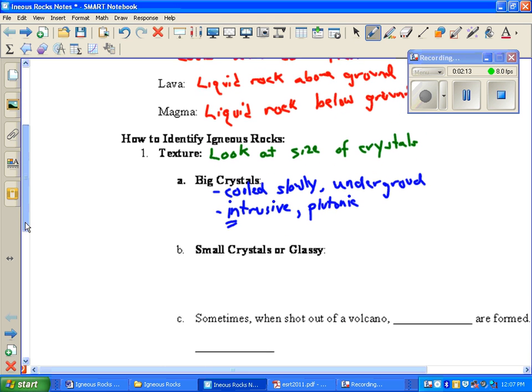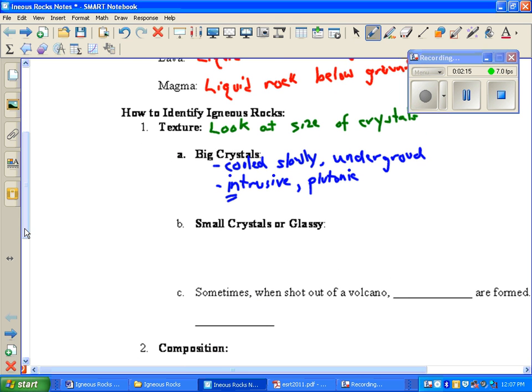underground. If it has small crystals or it's glassy, you can't see any crystals at all, that means it cooled fast. Okay, if it's going to cool fast, that means it was above ground. And there are two names for this also.